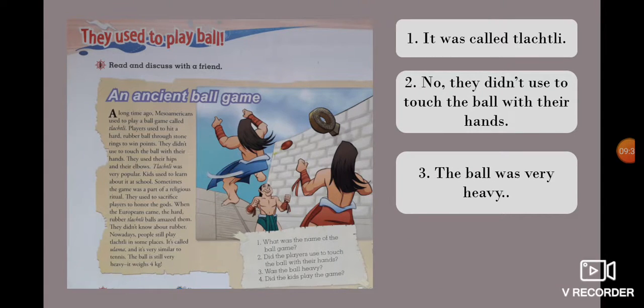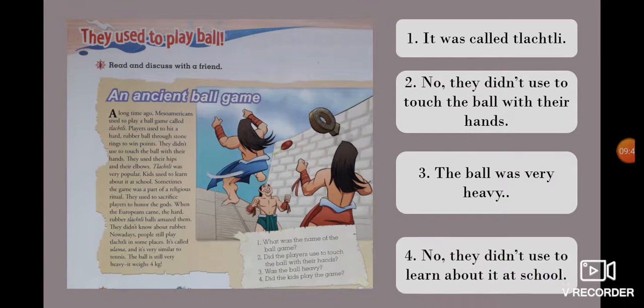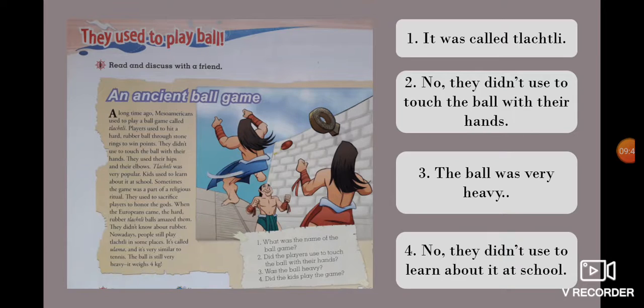Yes, the ball was very heavy, or maybe the ball used to be very heavy. Exactly. And number four, did the kids play the game? No, they didn't play the game. They used to learn about it at school. Exactly. These are the best answers for these four questions. Okay, excellent.